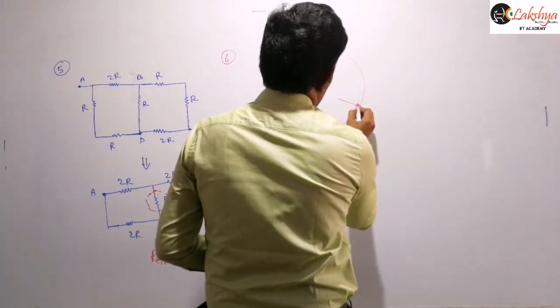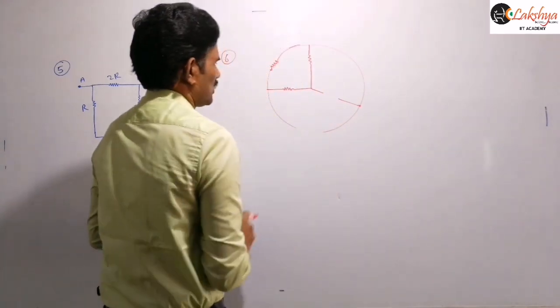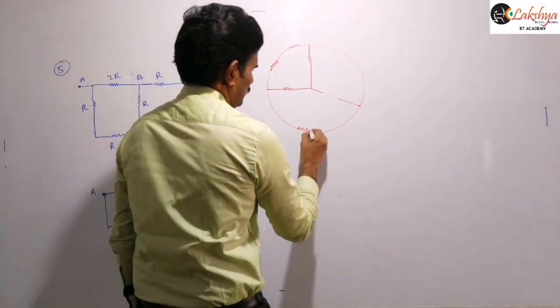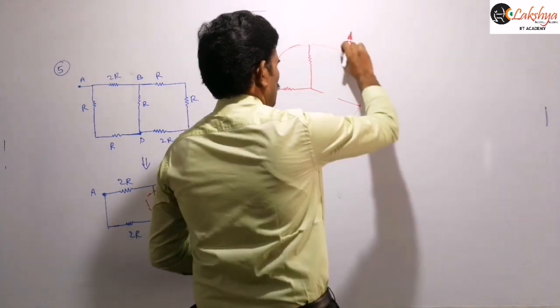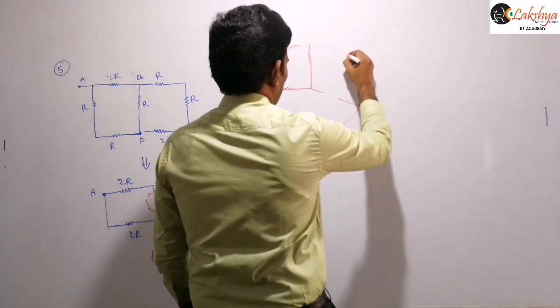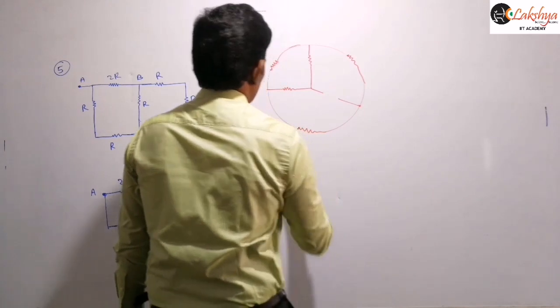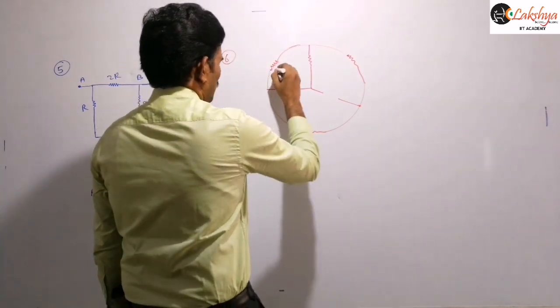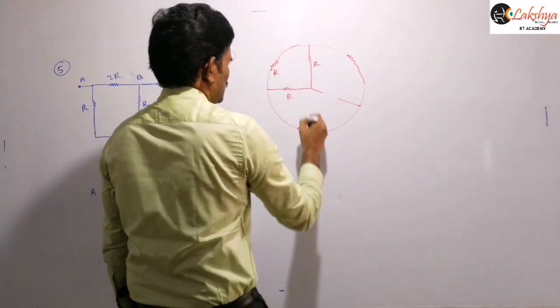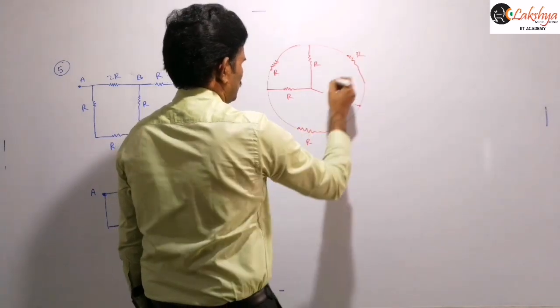Then here let us take this as one part. So here I am taking another resistance, and similarly may consider another resistance here. So let us take all of them the same R, and this is R, and this is also R.